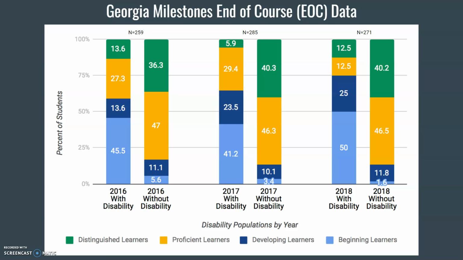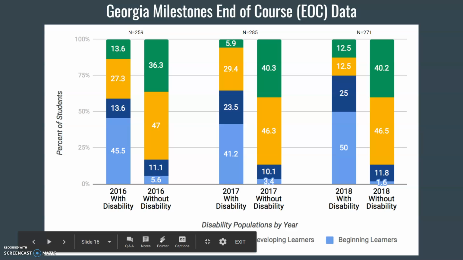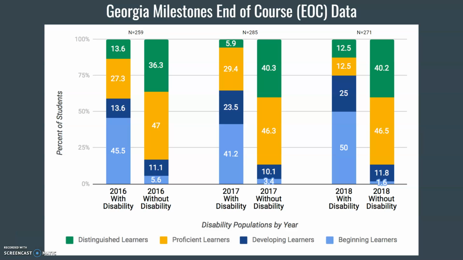This is overwhelmingly greater than those students without disabilities, with only 5.6% being identified as beginning learners. You can see over time, especially in 2017, we've had fewer students with disabilities identified as distinguished learners. This data shows a consistent and widening achievement gap between students with disabilities and those without.